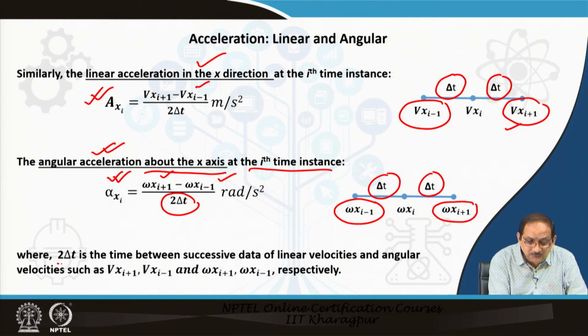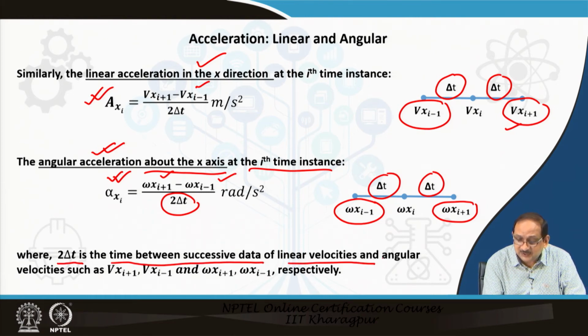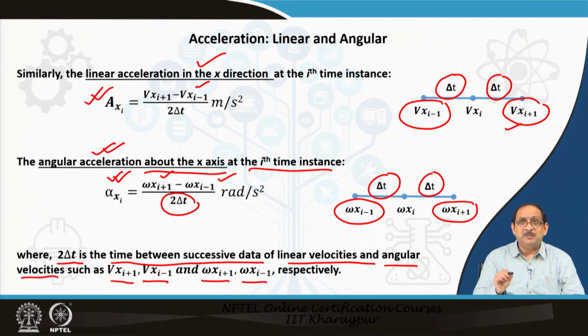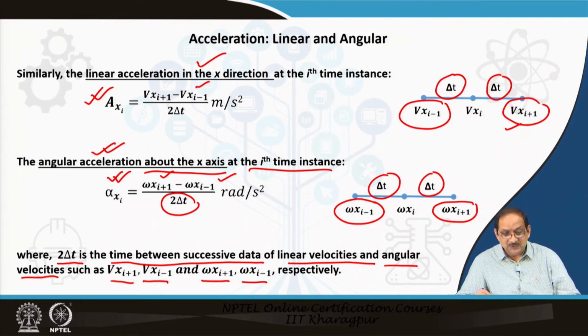So, here 2 delta t is the time difference between successive data of linear velocities and angular velocities, such as Vxi plus 1, Vxi minus 1 corresponding to the linear velocities, and omega x i plus 1 and omega x i minus 1 respectively for the angular velocities.